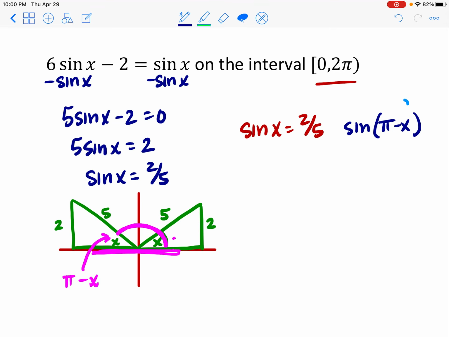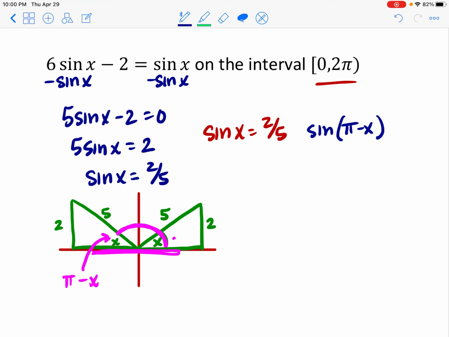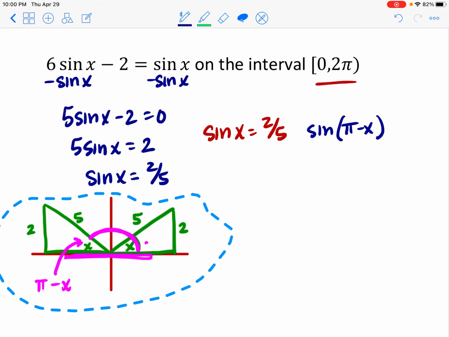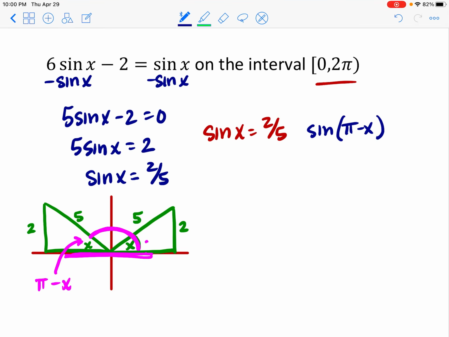I don't have space for what I'm trying to do here, so let me move this so it doesn't all collide. Okay, so the sine of pi minus x is also going to produce that same triangle. So we're going to get two solutions here.